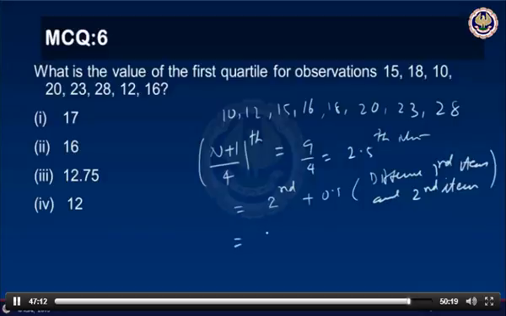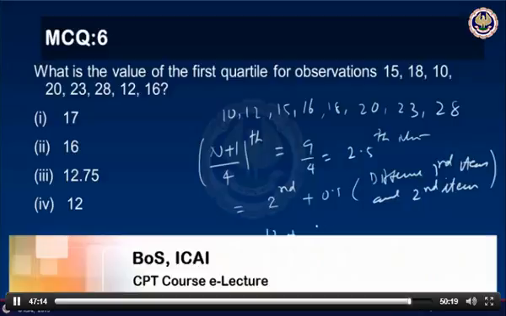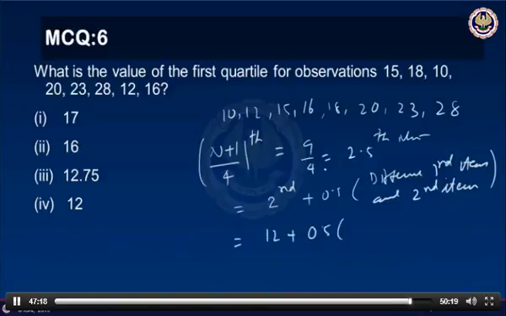The second item is 12, and 0.5 into the difference between third and second, which is 3, into 0.5, that is 1.5. So 12 plus 1.5, 13.5 is the first quartile. So for this data, the third option is the correct answer.